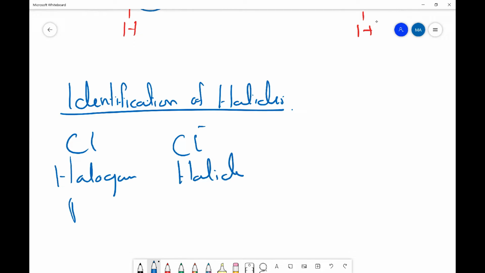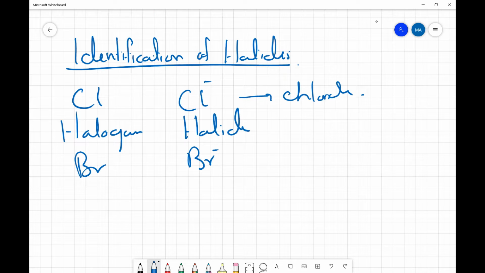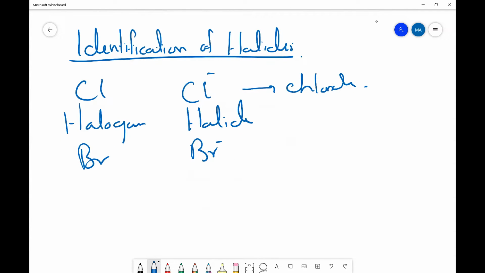Similarly, bromine is a halogen. Br negative one is a halide. And the halide of chlorine is known as a chloride. We already know this. Bromine is known as a bromide. Iodine is known as an iodide. So our halides are all the negative ions.